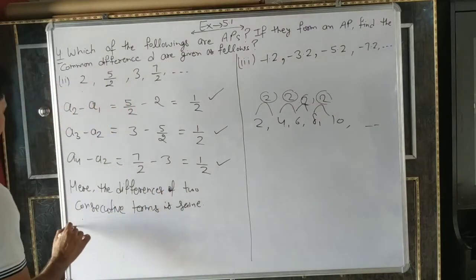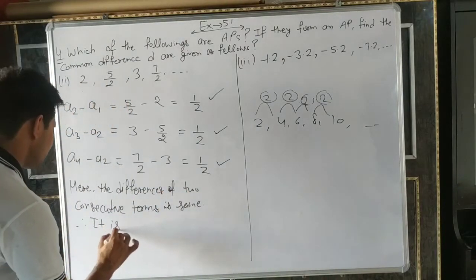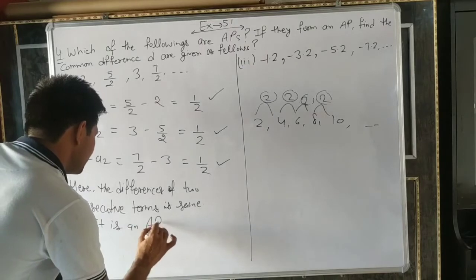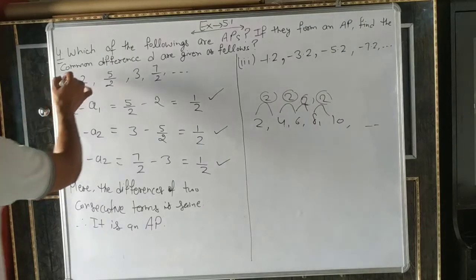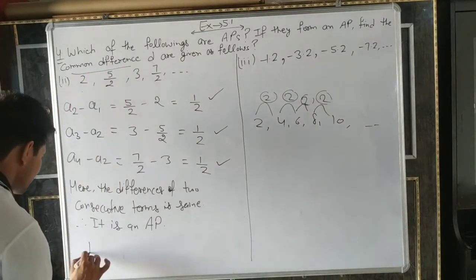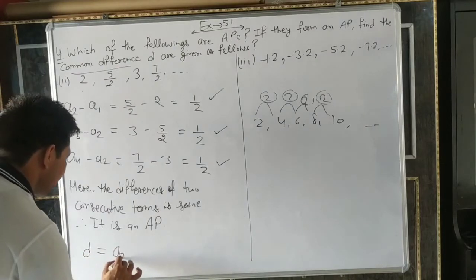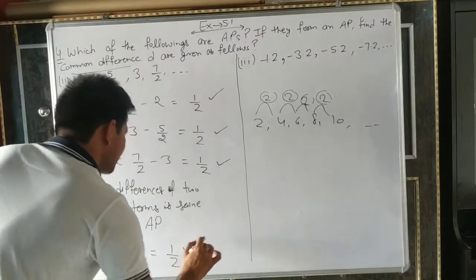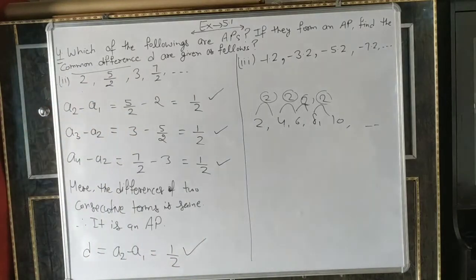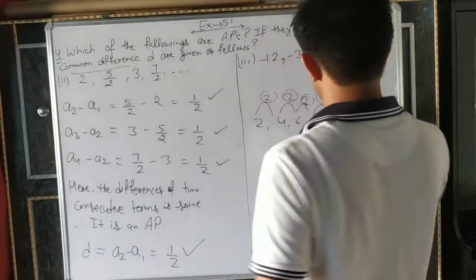Therefore it is an AP. And we also have to find the common difference, which is d. Therefore d equals a2 minus a1, which is 1 upon 2. So 1 upon 2 is the common difference.